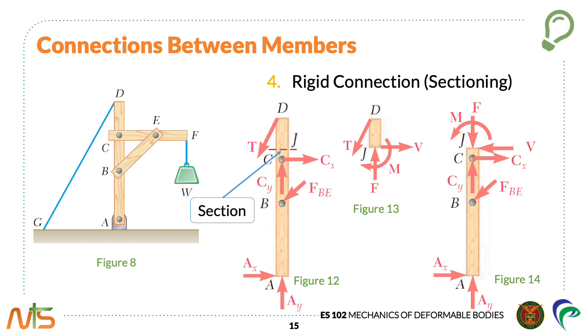The internal forces also produce shear and bending. The force F here is an axial force. The force V is called a shearing force. And the moment M of the couple is known as the bending moment at J. We note that when determining internal forces in a member, we should clearly indicate on which portion of the member the forces are supposed to act.